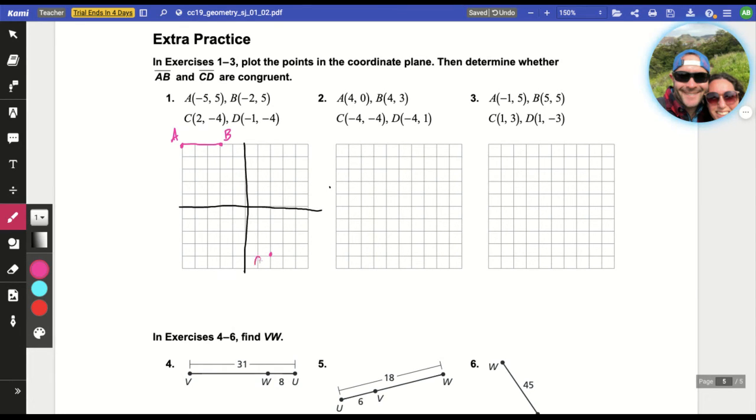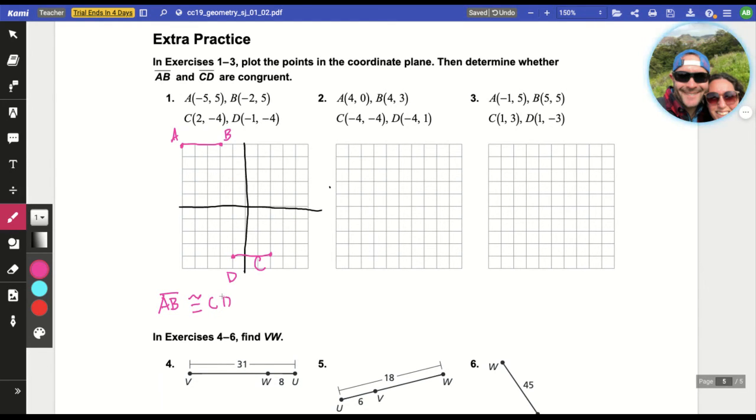That is point C. And then D is (-1, -4). So left one, and then down to 4. That's point D. So the question is, are AB and CD congruent? That's all we want to know.